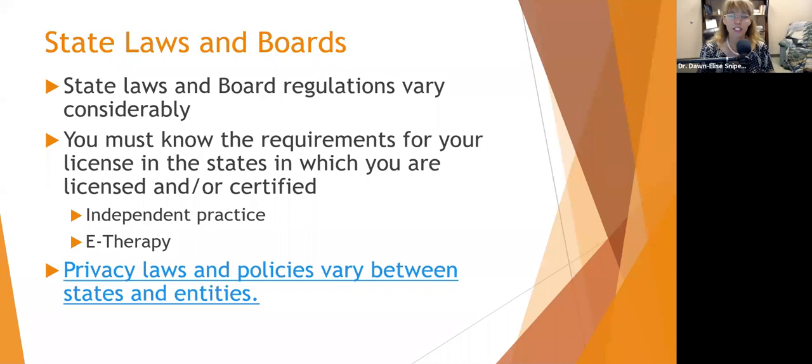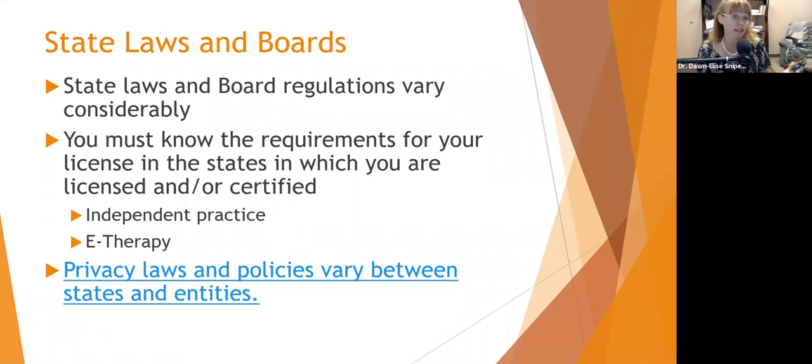You also need to know the privacy policies and laws between states and entities. So if you happen to be licensed to practice independently in Tennessee and Florida, for example, you need to know what the privacy laws are in each state.